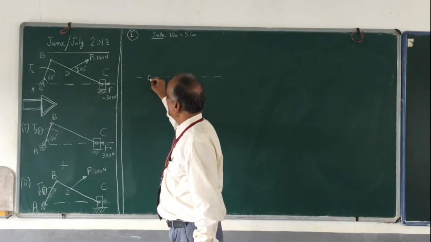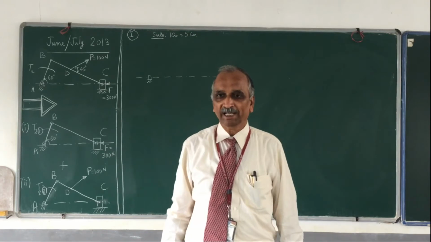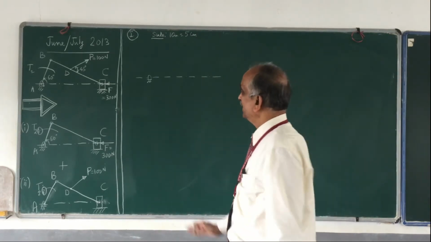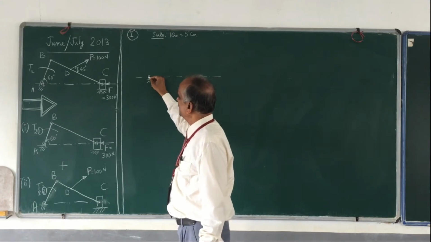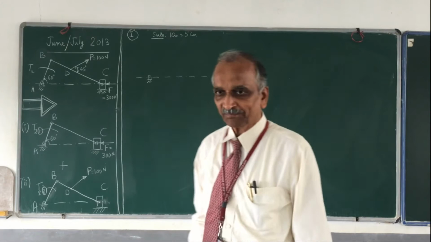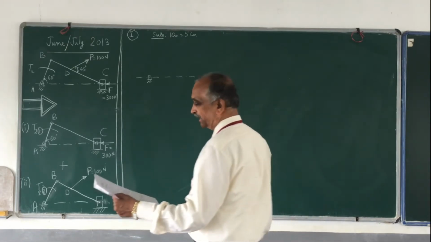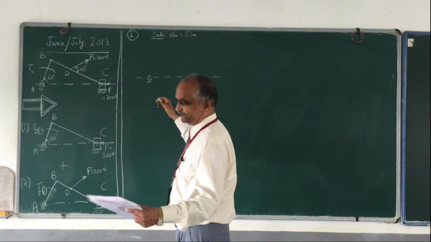So draw a line. This line is supposed to represent the line of stroke, and I am going to have the piston on this side, and therefore I have chosen a point, and this point is called the crank center. You know that the angle made by the crank with the line of stroke is given as 60 degrees.